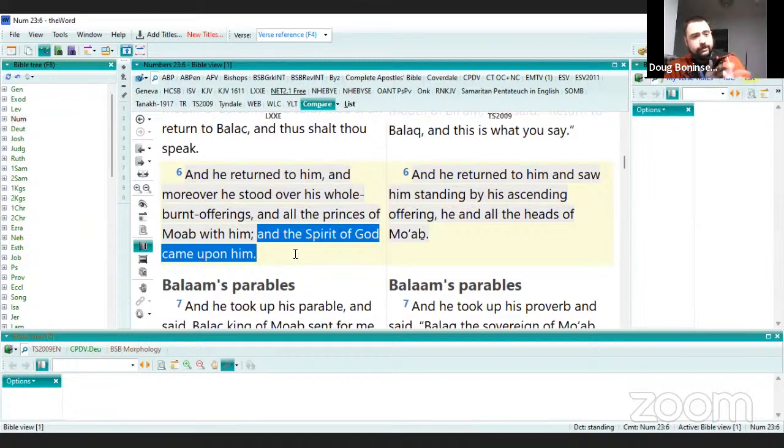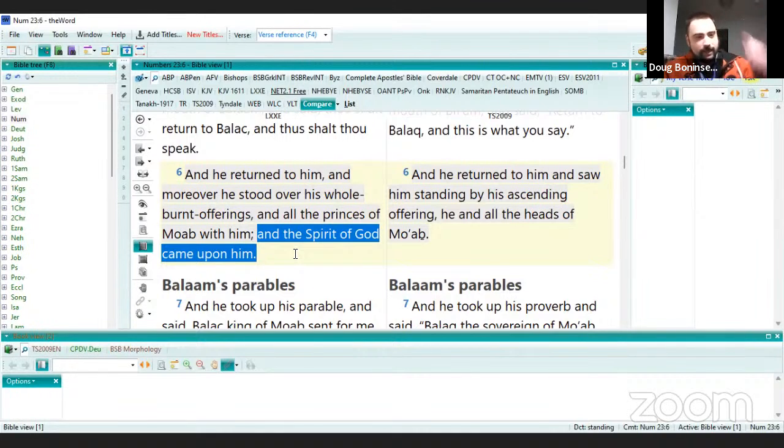Now, there's probably some type of rabbinical tradition because Balaam wasn't exactly the most righteous guy, and probably the rabbis are thinking, oh, how can Yahuwah's spirit be on him? And isn't Balaam supposed to be a Gentile, Mom? I think so. Yeah, so they probably have some stupid Jewish tradition.